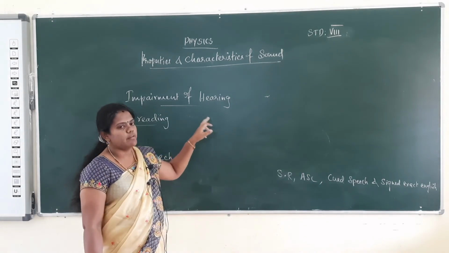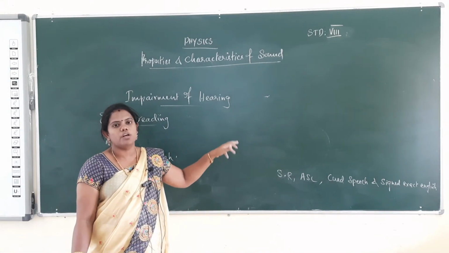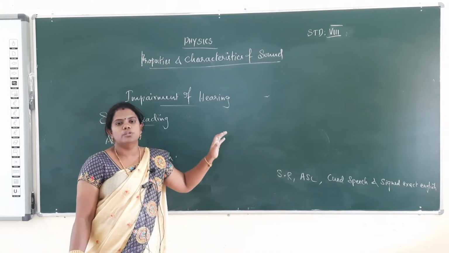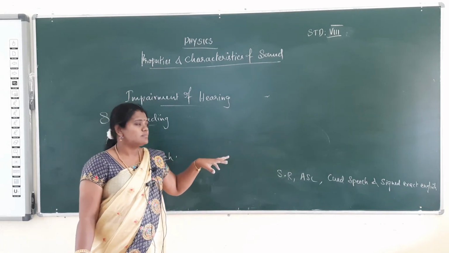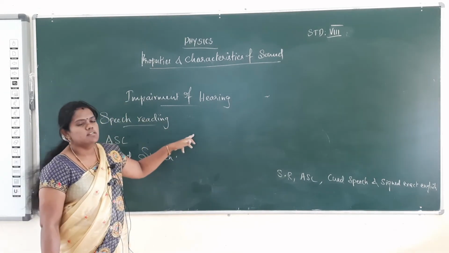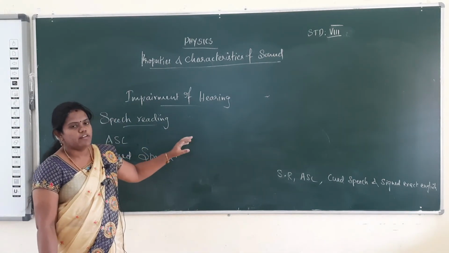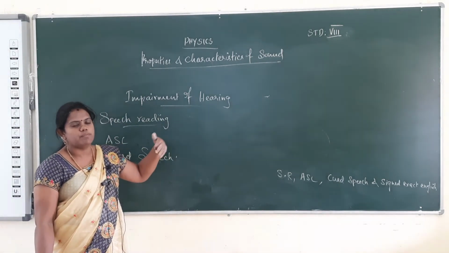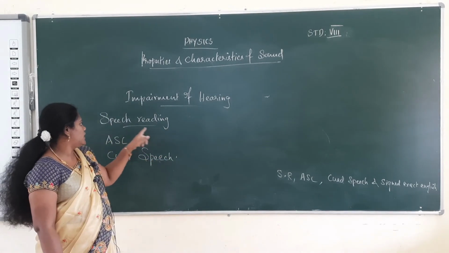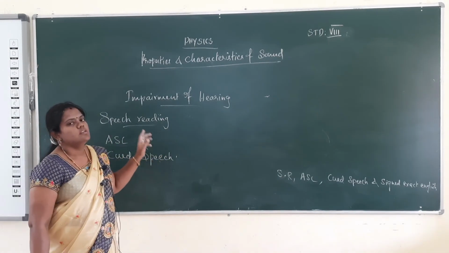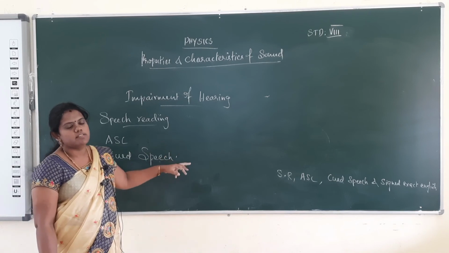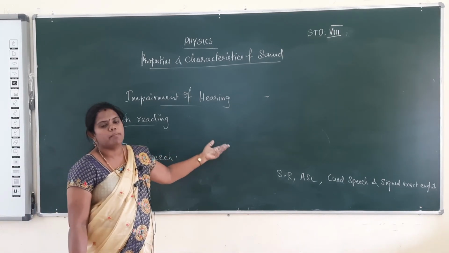Then impairment of hearing, how to overcome and manage hearing loss. These three steps are used by the person to identify words conversed by those nearby: speech reading, ASL and cued speech. All of these train the person to easily overcome impairment of hearing.